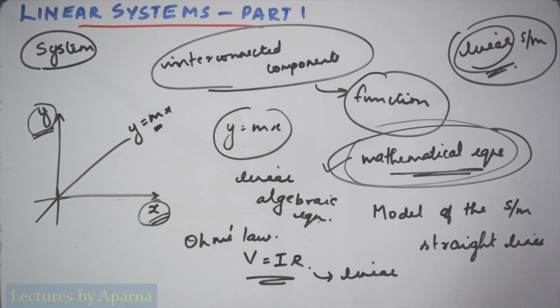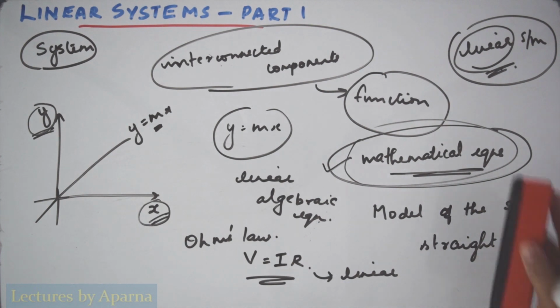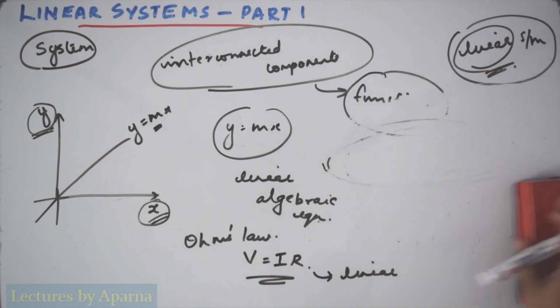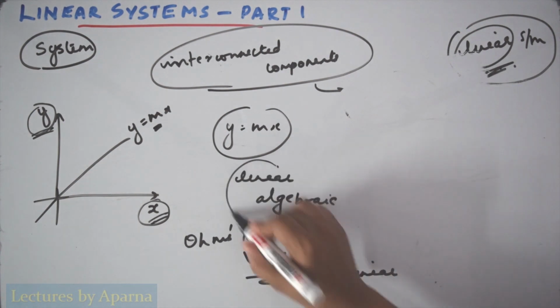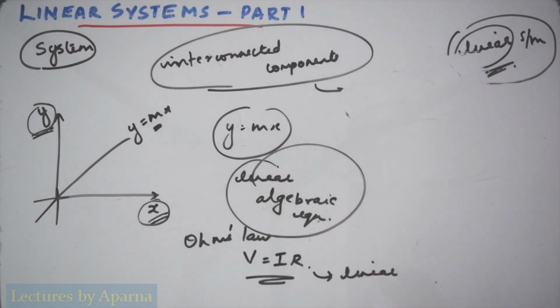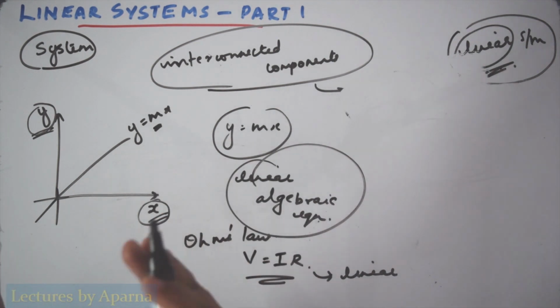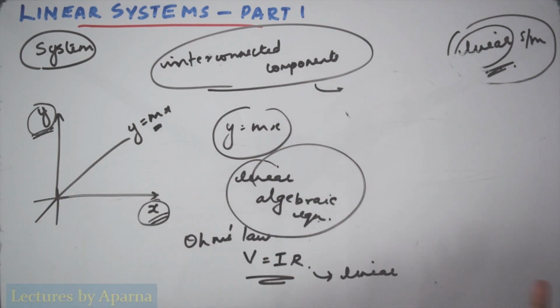Now there are many systems that use different types of mathematical equations, say differential equations, difference equations, etc. It will not be just linear algebraic equations. So we have to extend this concept of linearity to a general criterion other than the straight line form.